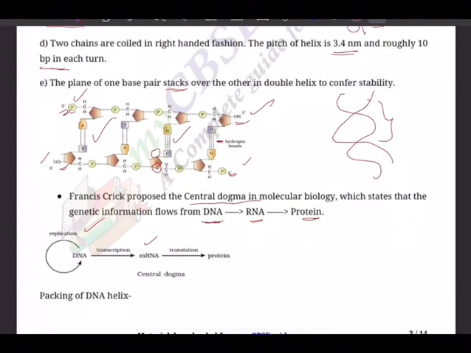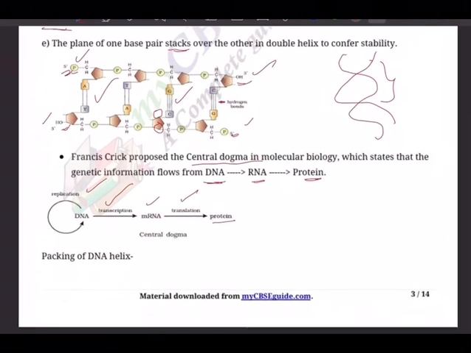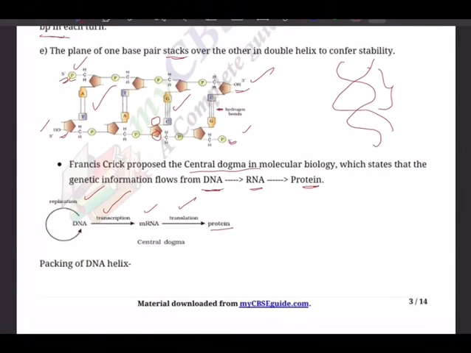The process of DNA forming mRNA is called transcription. And mRNA sends the secrets and forms proteins; we call this translation. So roughly, DNA forms mRNA, that is transcription, and mRNA converts itself into protein, that is translation. So there are two major steps: transcription and translation.